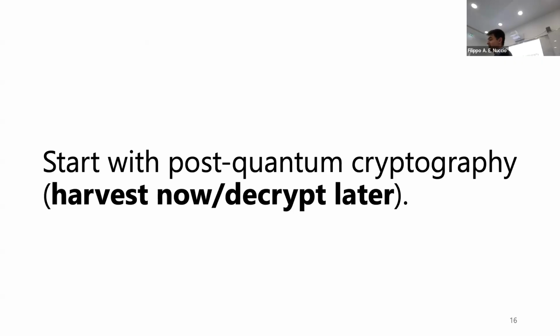And the reason is that even though we may need to wait many years before being able to break classical cryptography, we're already vulnerable to a class of attacks called harvest now, decrypt later. So if you're powerful enough, you can just observe the network, save all messages, and then a few years later, when you actually have a usable quantum computer, you can break these messages. Not everybody can do that, but some can do it, and for some messages, it's worth doing it.